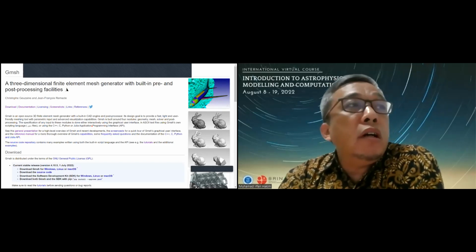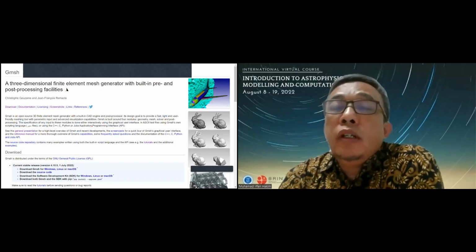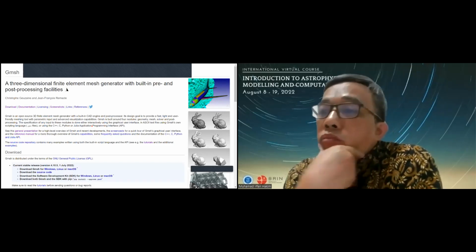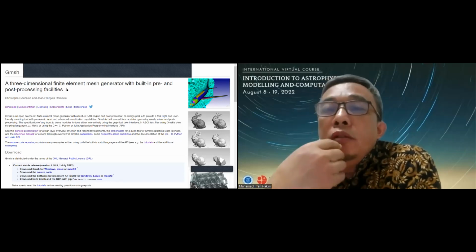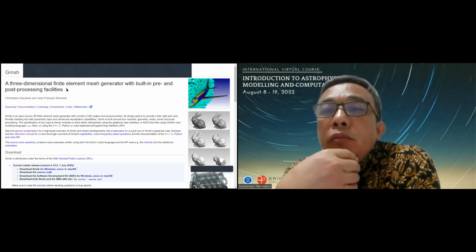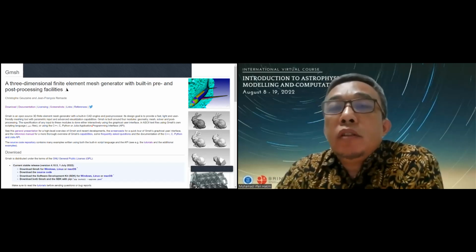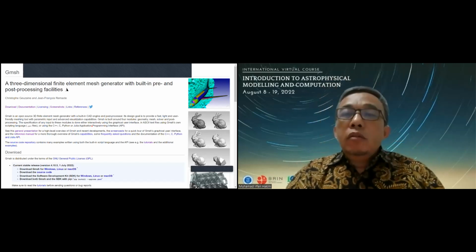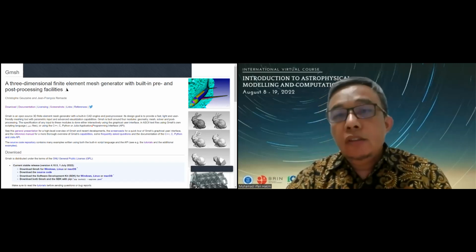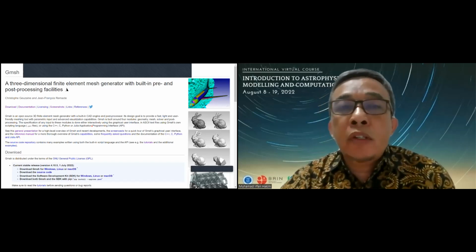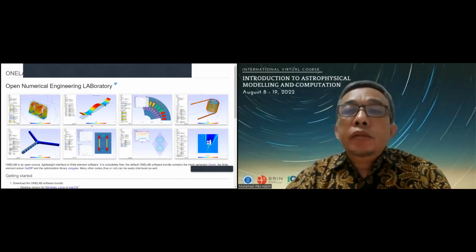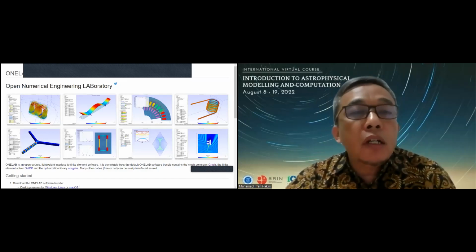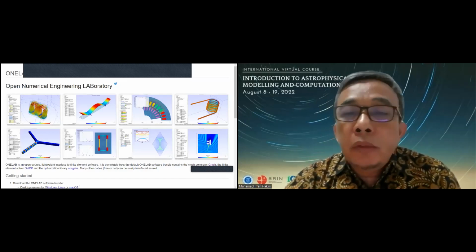This is one example, a tool for preparing boundary conditions in simulation, including astrophysical simulation. This is another development.